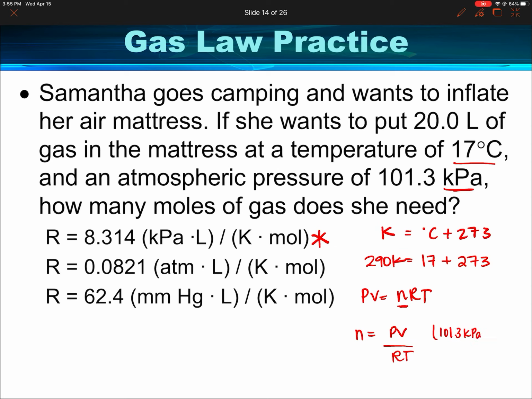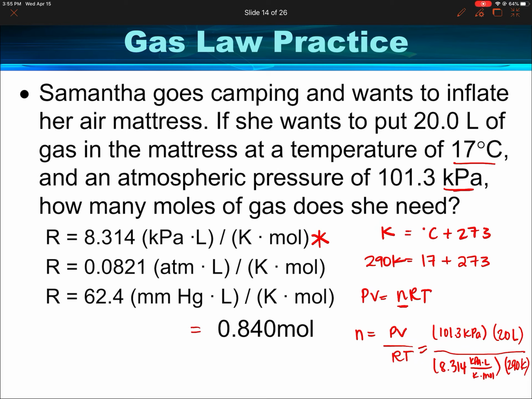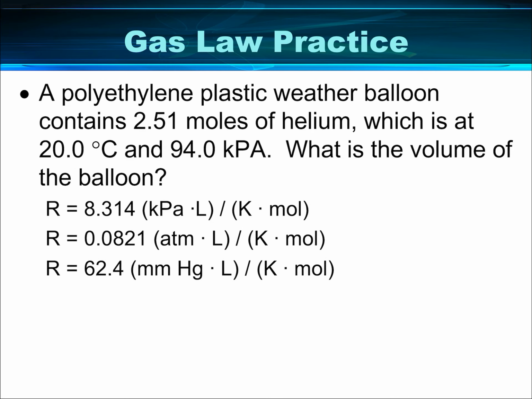So my pressure is 101.3 kPa, my volume is 20 liters, my R is 8.314 kPa liter over mole Kelvin, and my T is 290 K. Okay, and now it's just a plug and chug problem, so I just have to use my calculator. And what I get out is 0.840 moles.